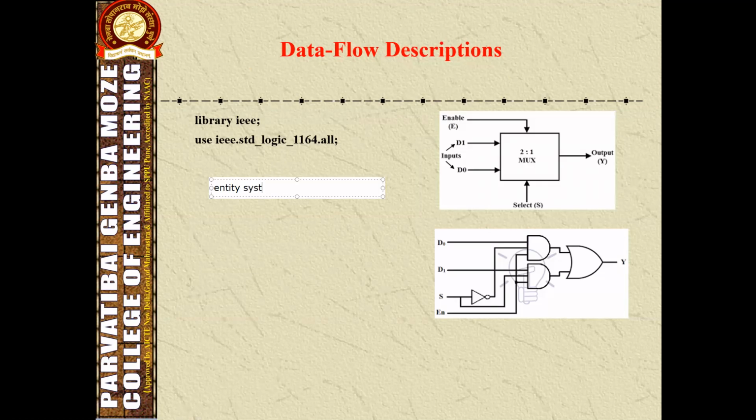The name of the example is system, and now we assign the ports: I1, I2 in bit, O1, O2 out bit.